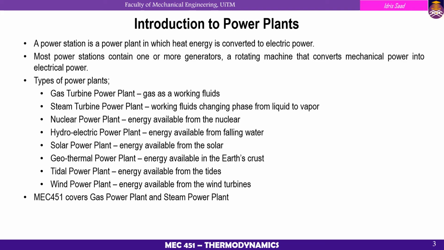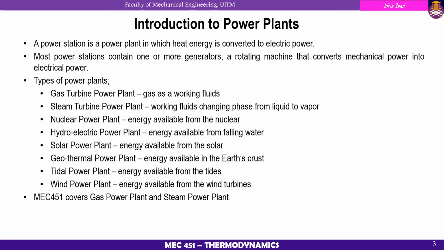Most power stations contain one or more generators, which is a rotating machine that converts mechanical power into electrical power. You may refer to the subject of electric power to learn about the generator. Finally, this electricity is supplied to the user, either domestic or industrial users.